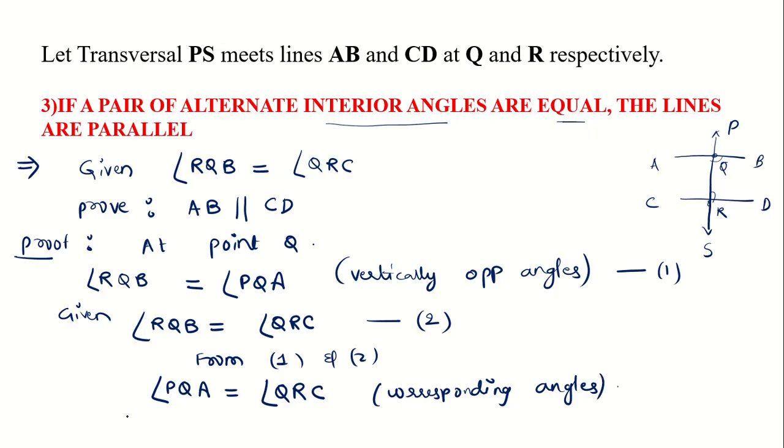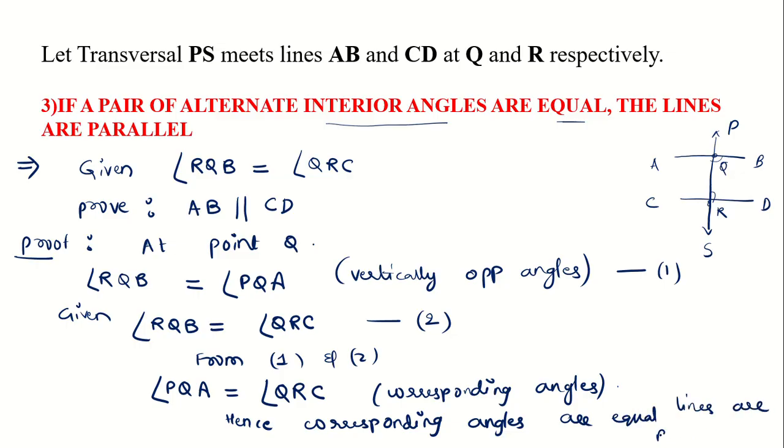Hence, if these corresponding angles are equal, then the two lines are parallel to each other. So the lines are parallel to each other.